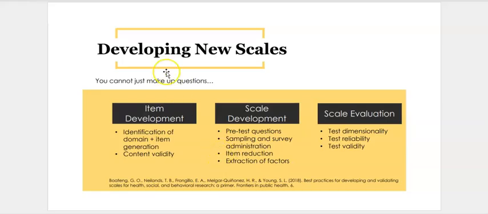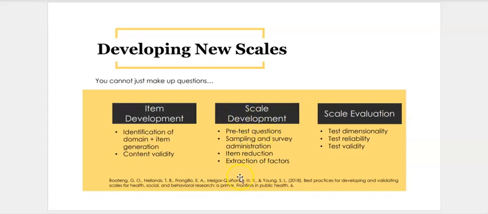This shows how you develop new scales. Of course, it's possible to develop new scales, and you proceed with these steps. First, you have to develop the items: identify the domain, and think about how you will define that concept. And then you develop the scale, like the subscales you saw just before, and decide how many subscales you will use to define those concepts.